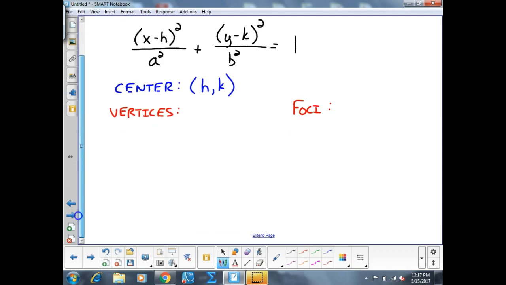We had a major axis. We had a minor axis. Both the foci and vertices are found on the major one, right? Say it loud. The foci and the vertices are both found on the major axis. Yep.